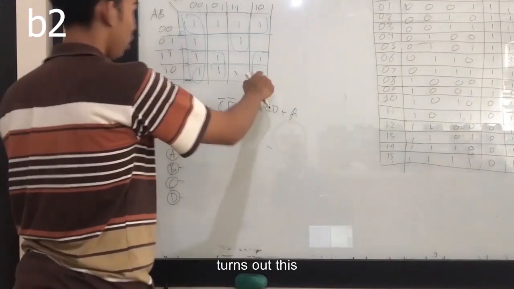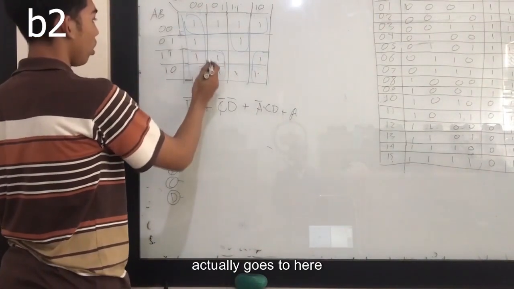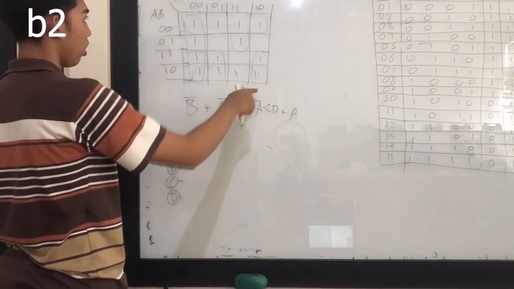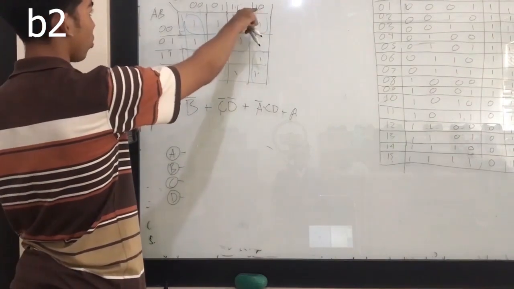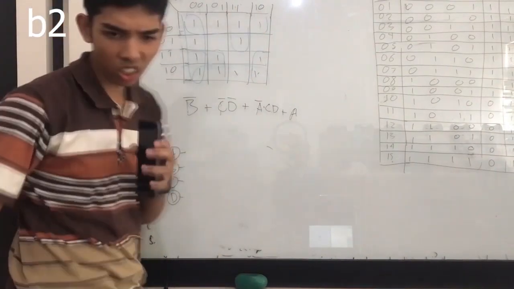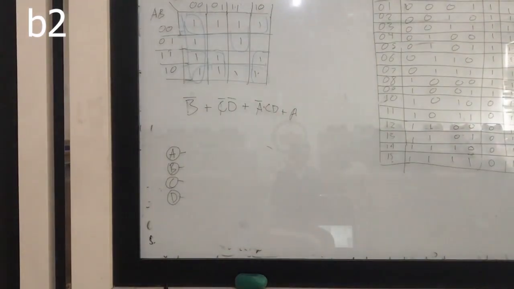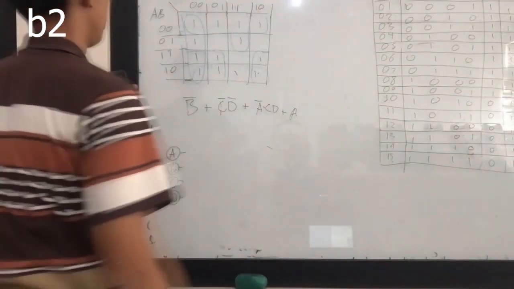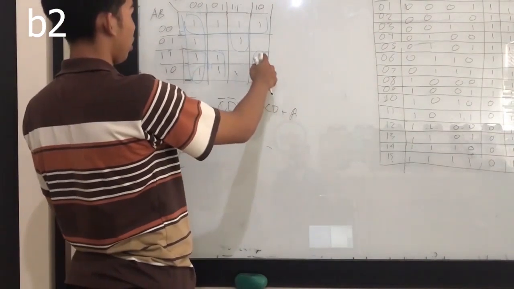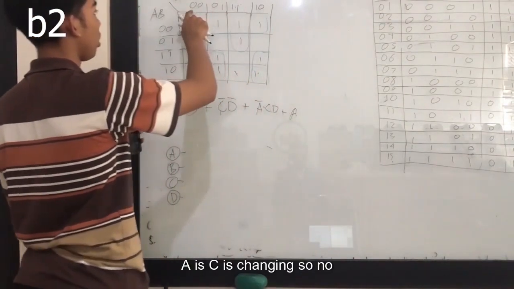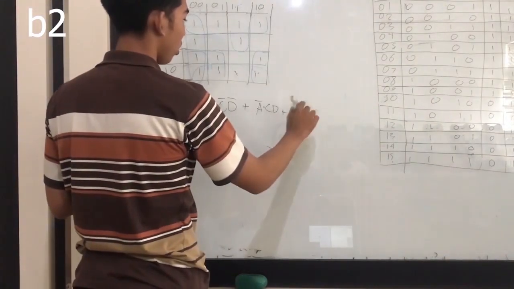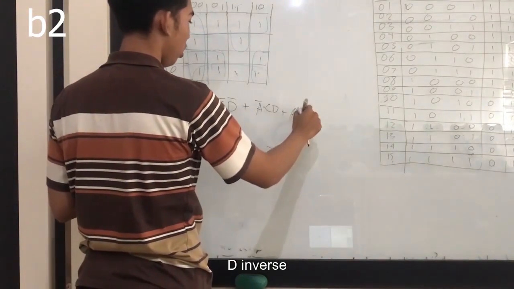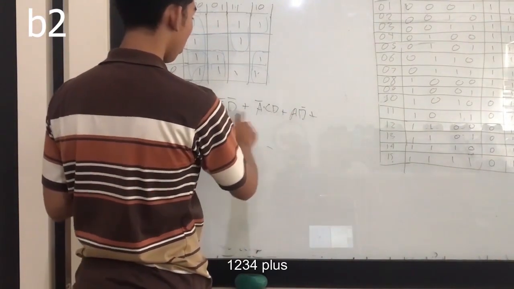Okay, turns out this actually goes to here, right? Goes to here. So A is 1, C is changing, so no. D is 0, so that means D inverse. 1, 2, 3, 4.